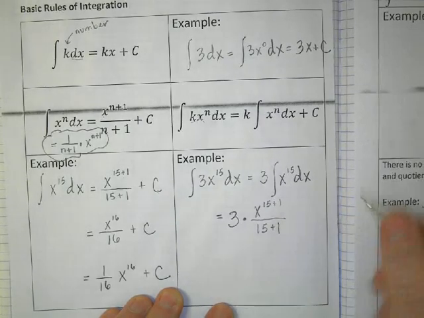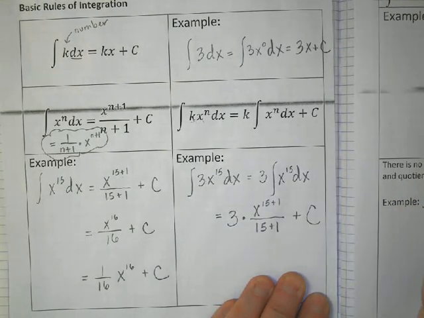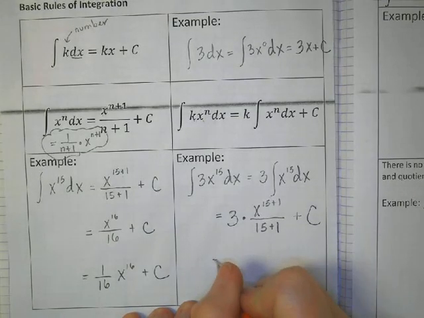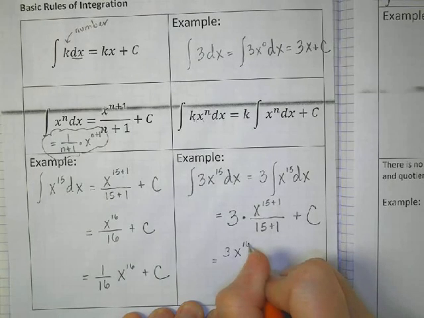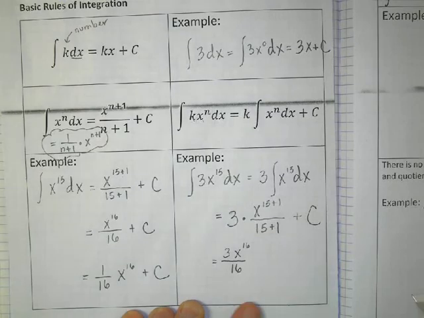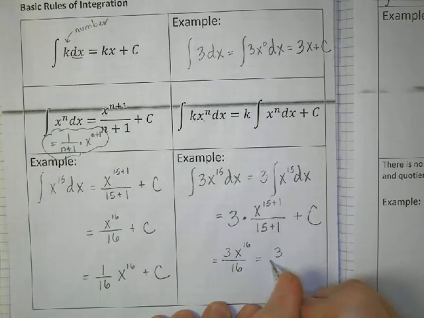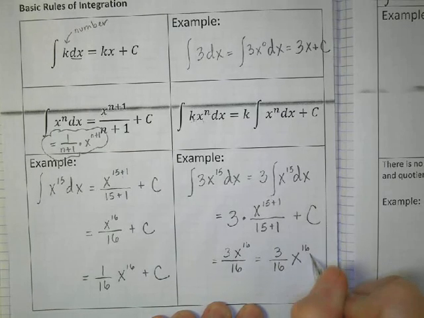And then because I don't know what the vertical translation was, I have to write my plus c, and then we can simplify this. I have 3 times x to the 16, all divided by 16. Or, if you prefer, you can keep the 3 and the 16 separate. You could write 3 over 16, x to the 16th, plus c.